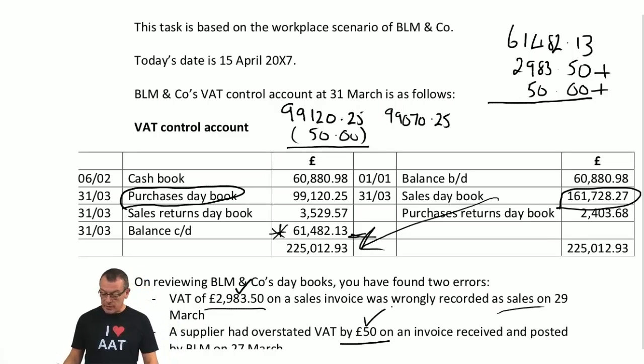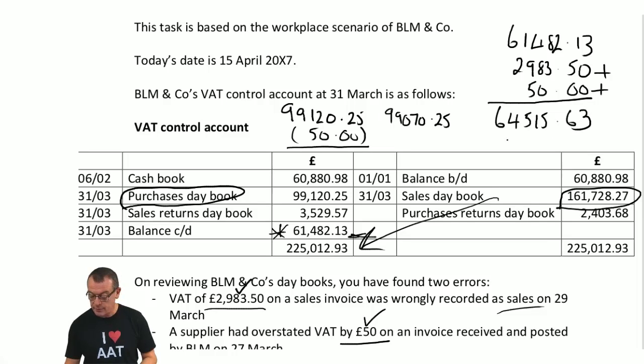So adding these figures up, if you like to do this as we go along, that's fine. So we've got 61,482.13 plus 2983.5 plus 50, and that should equal 64,515.63.